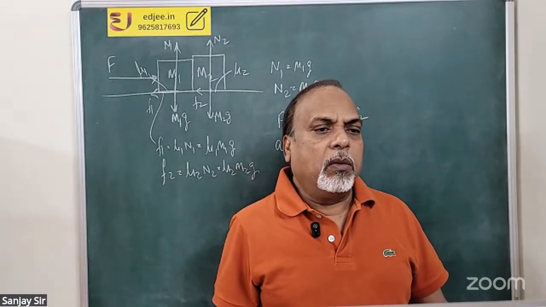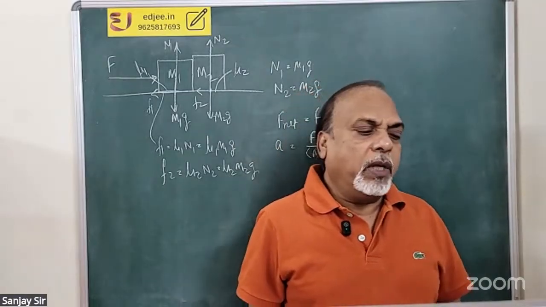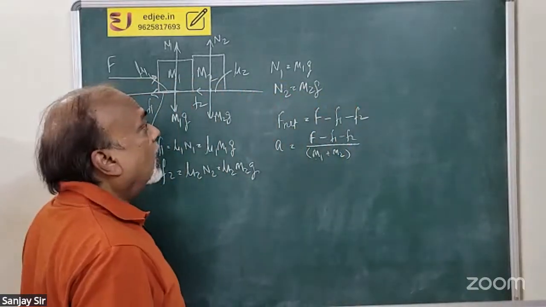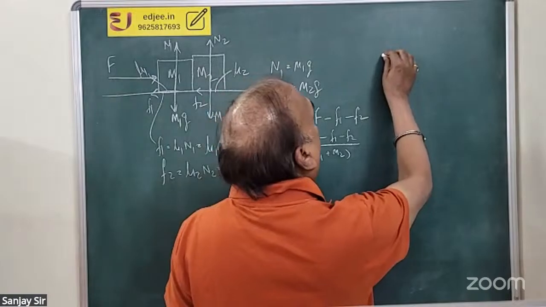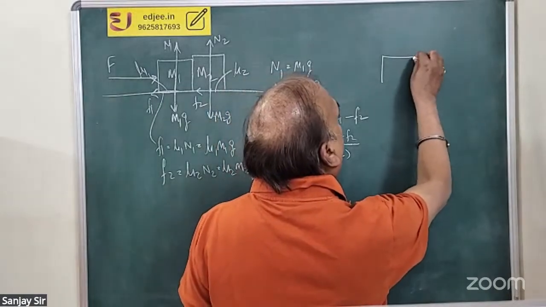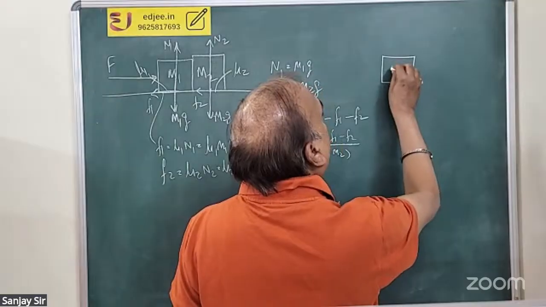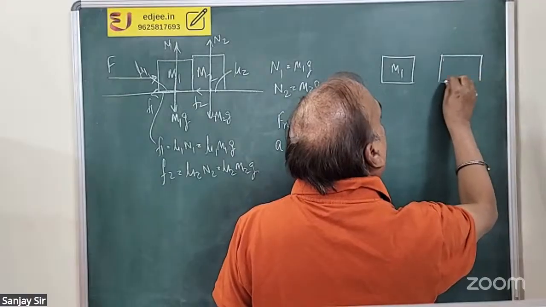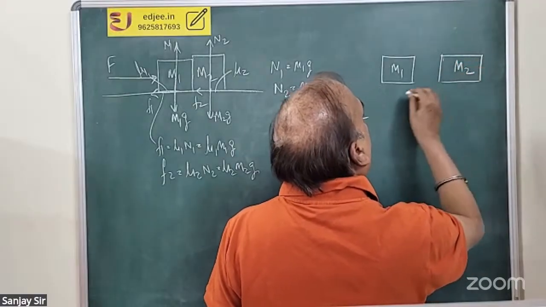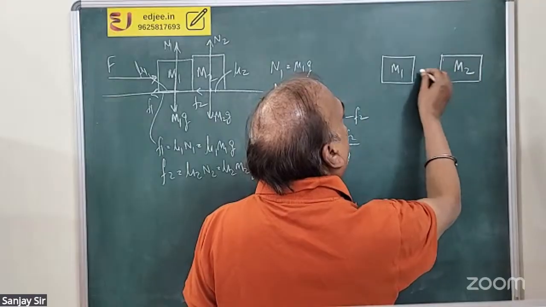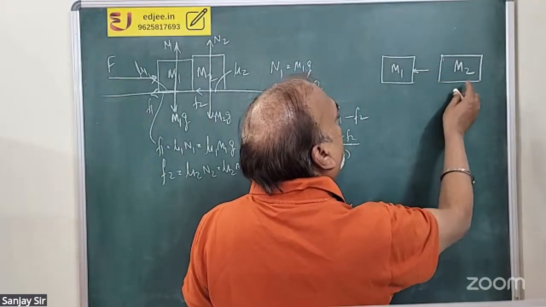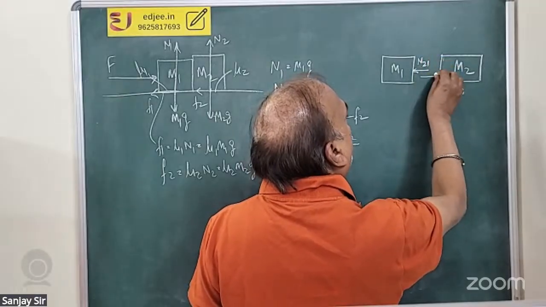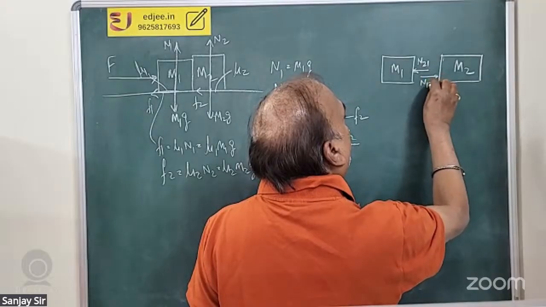Now let us find out what is the contact force between M1 and M2. There will be a contact force, of course. This contact force will be due to M2 on M1, and this contact force will be due to M1 on M2.